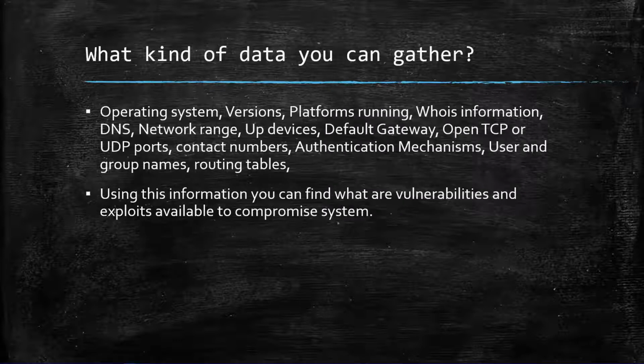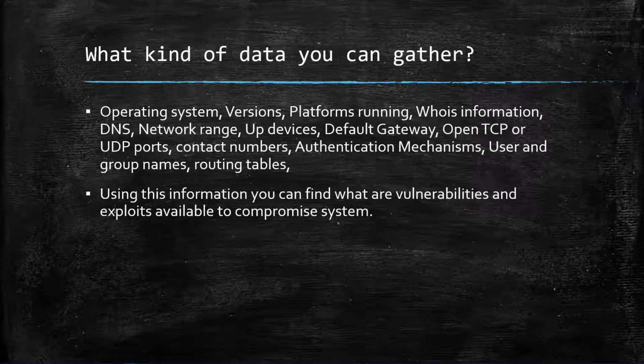So what kind of data can you gather? You can gather operating system versions, like Windows 10, Windows 8, Windows 7, or some version for developers, an insider version, and the platforms running on it. Whois information: if you are targeting a website, it will let you know who registered the domain, where it is registered, what their name servers are, CNAME, and DNS, the domain name server.